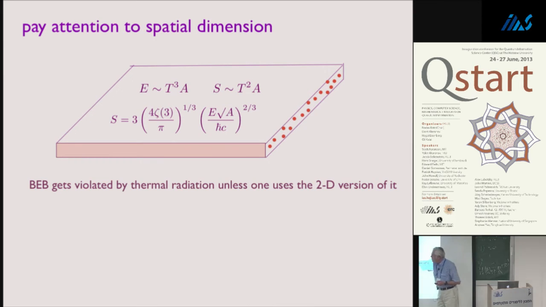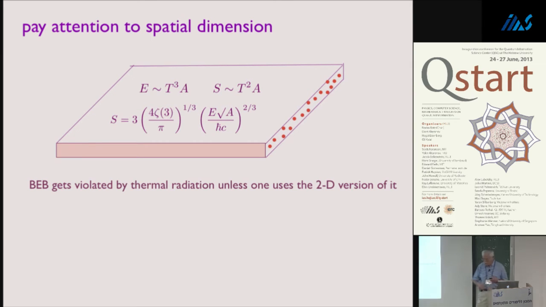So the Boltzmann entropy bound gets violated by thermal radiation in this case, unless you accept that at every dimension you should have a different Boltzmann entropy bound. This is essentially a two-dimensional system, so you should have a different Boltzmann entropy bound.